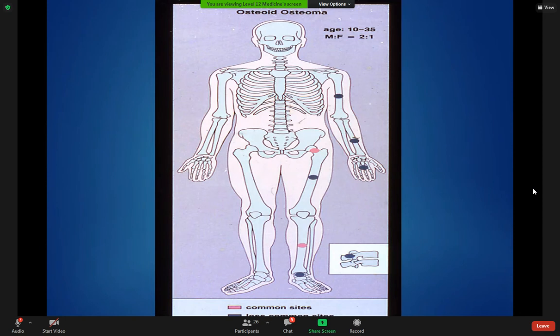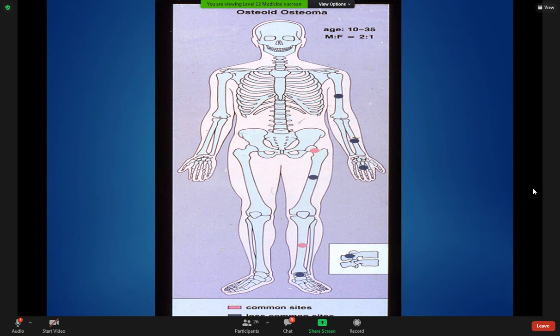Osteoid osteoma is very, very important to know. Again, it occurs in children. It is a benign bone tumor, but it is very painful and it gives night pain. It's characteristic for osteoid osteoma to give night pain, and it is very sensitive to non-steroidal anti-inflammatory drugs like ibuprofen and Voltaren.